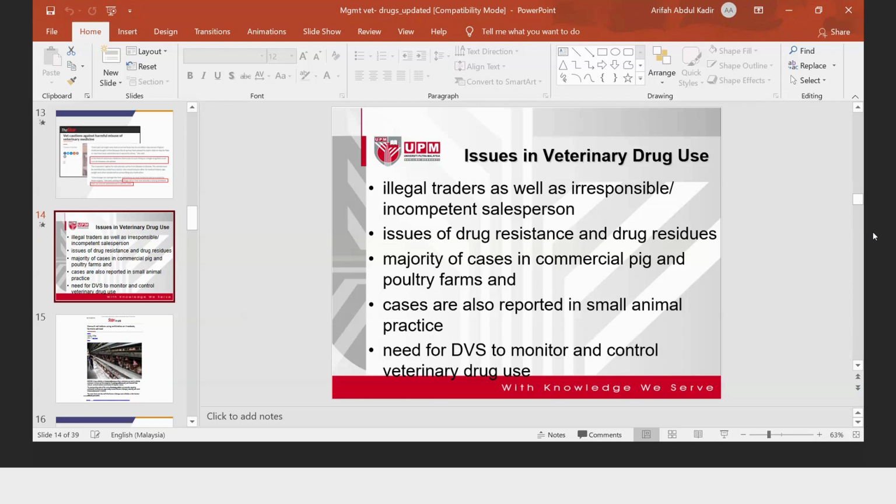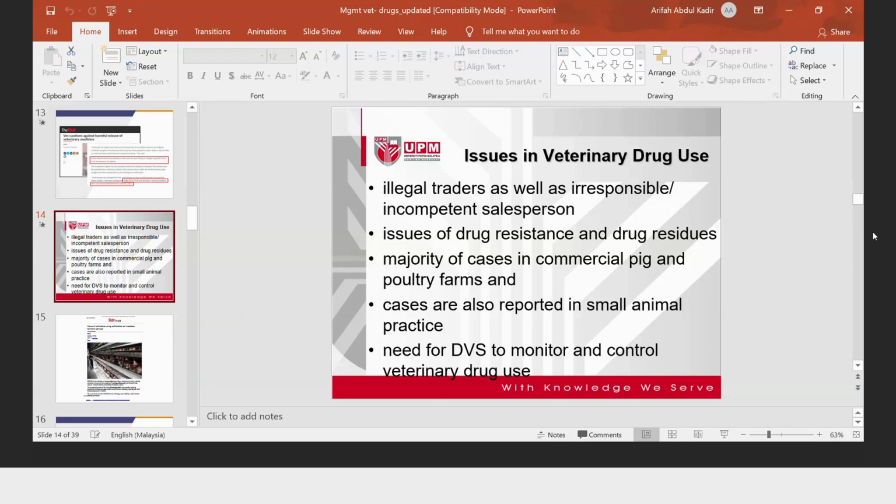They don't follow what is said in the law. The drug has to be registered. Some of the drugs are not registered in Malaysia, but they are using them for their animals, and that is wrong.